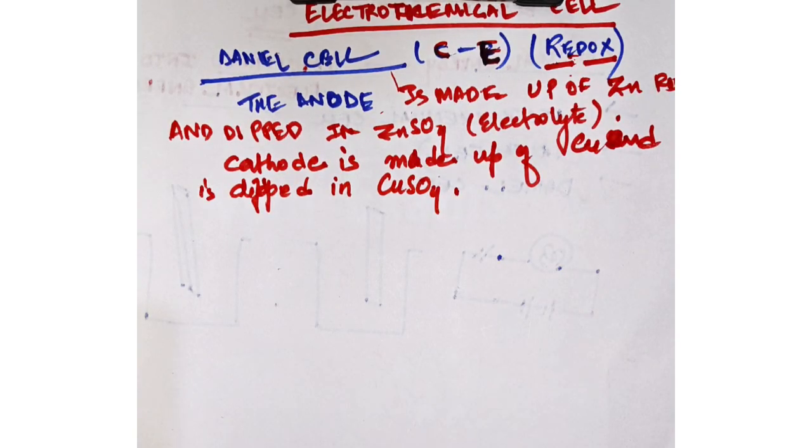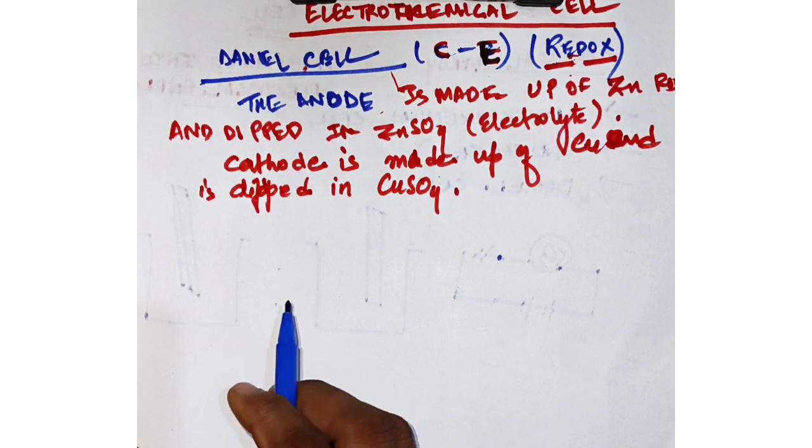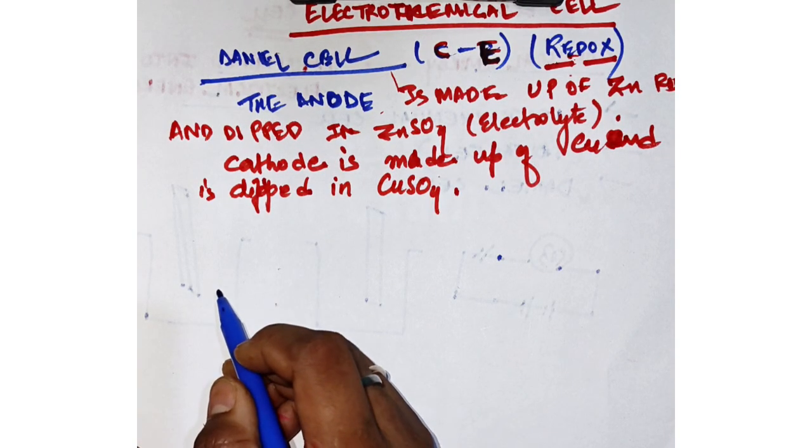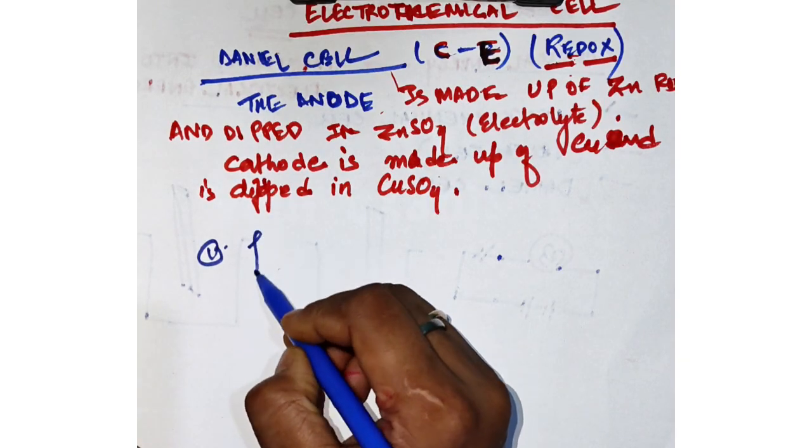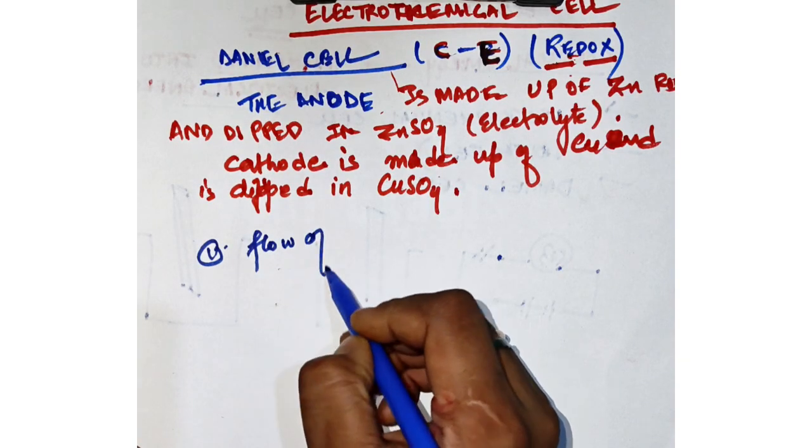So when the zinc and copper electrodes are joined by a wire, the following observations are noted. First, there is a flow of electric current in the external circuit. So flow of electric current is there.